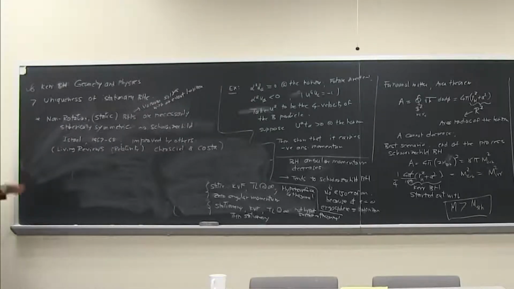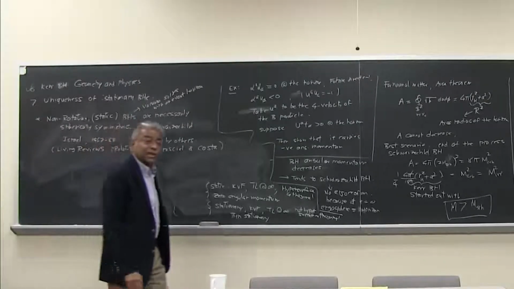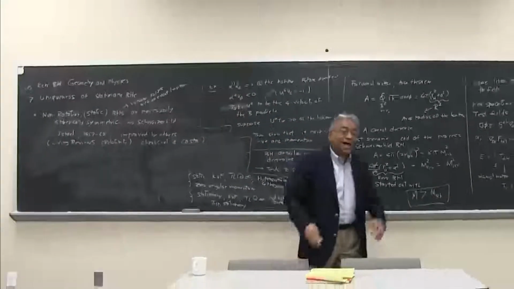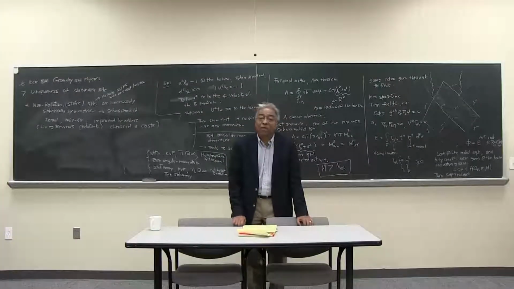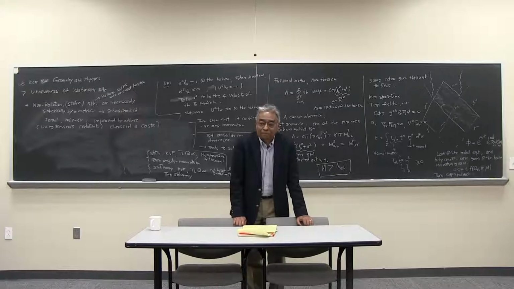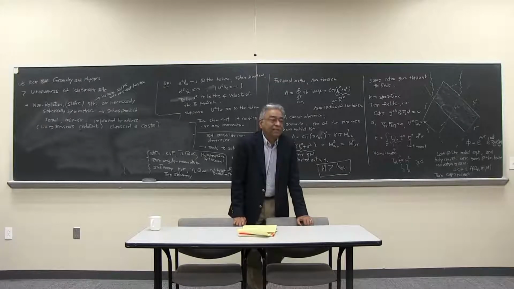It's very surprising that this is the case, right? Stars come in many forms, but black holes don't. If it's not rotating, then it must be spherical.